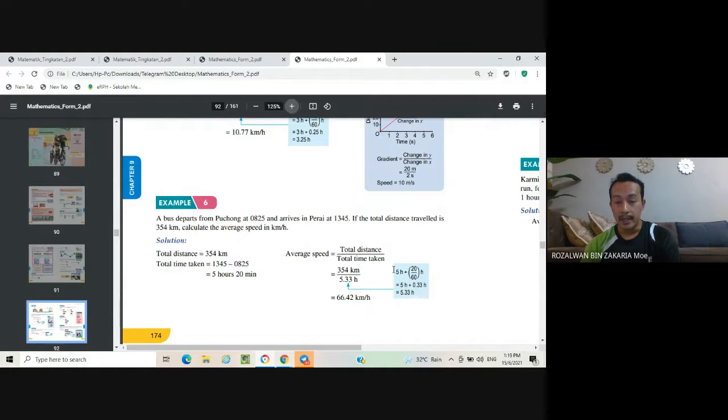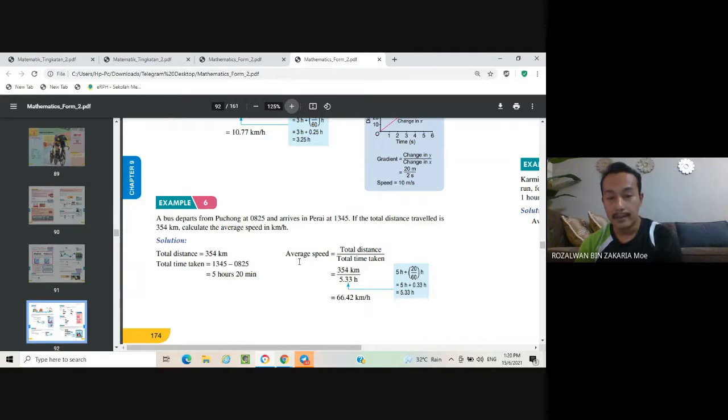So this one, 5 hours plus, in bracket, 20 divided by 60, bracket hours, equals 5 hours plus 0.33 hours, so equals 5.33 hours. So 5 hours 20 minutes equals 5.33 hours.